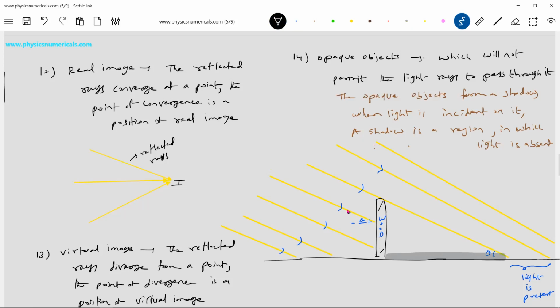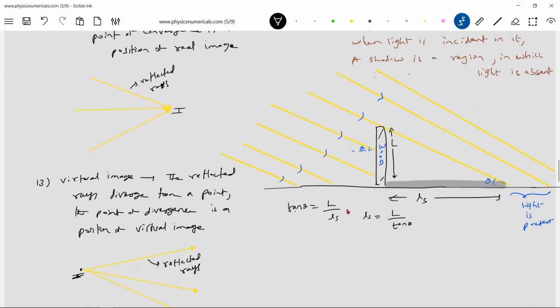Using tan theta, we can get the length of the shadow. L is the length of the rod, LS is the length of the shadow. So what is this shadow? It's just the absence of light.